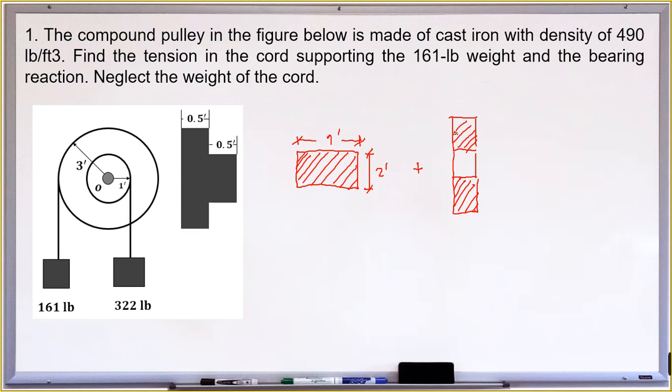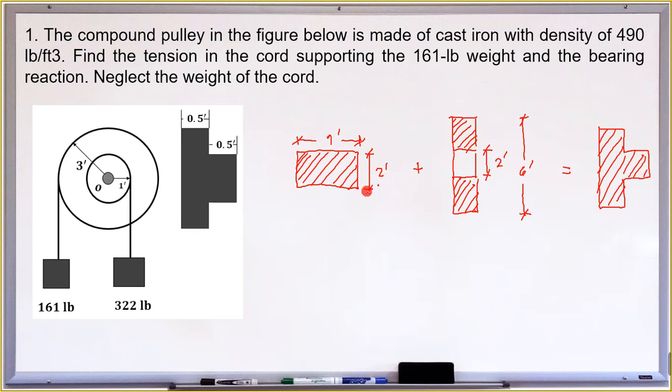So therefore we have a hollow cylinder. Its inside diameter is equal to the diameter of this solid cylinder, so this is 2 feet, and then the outside diameter is 3 times 2, so this is 6 feet. This is equal to the entire compound pulley when we combine them.